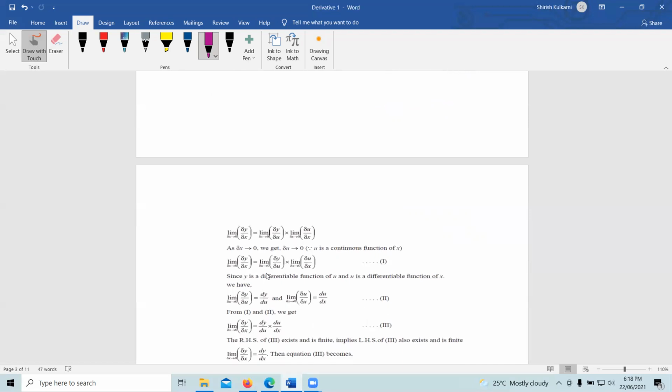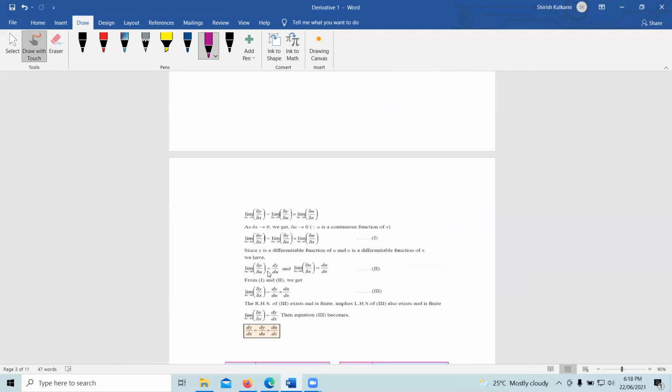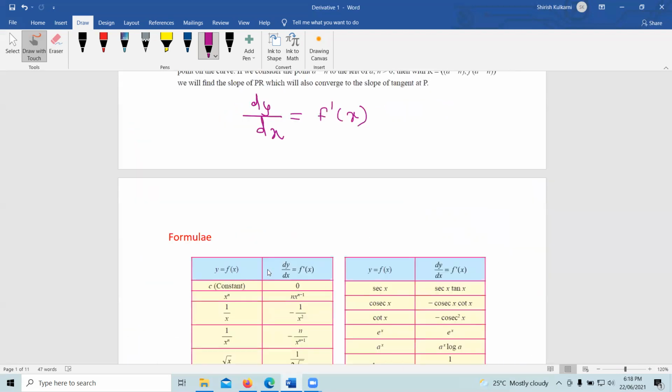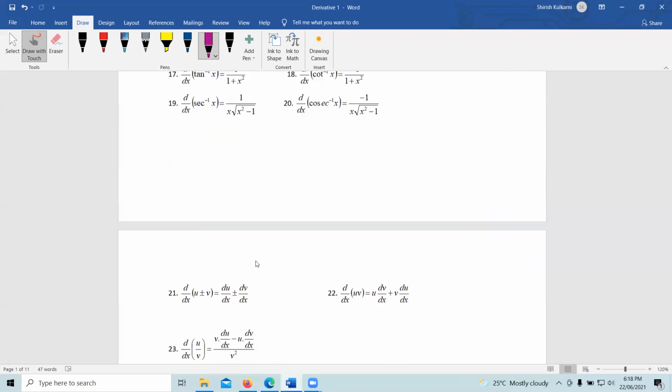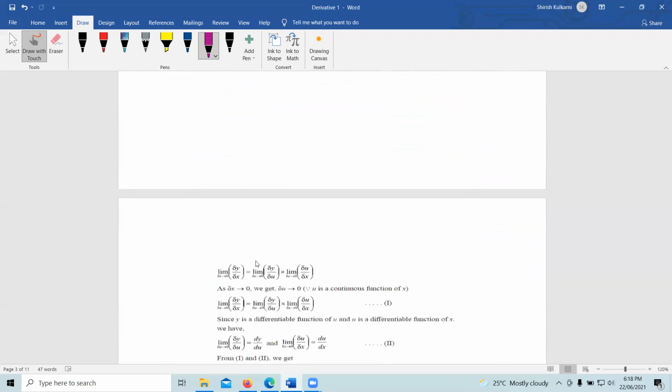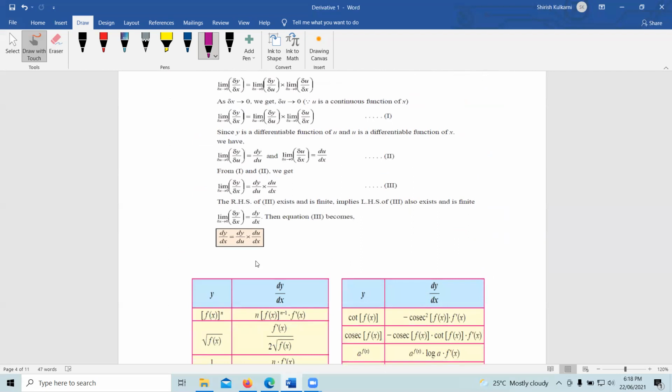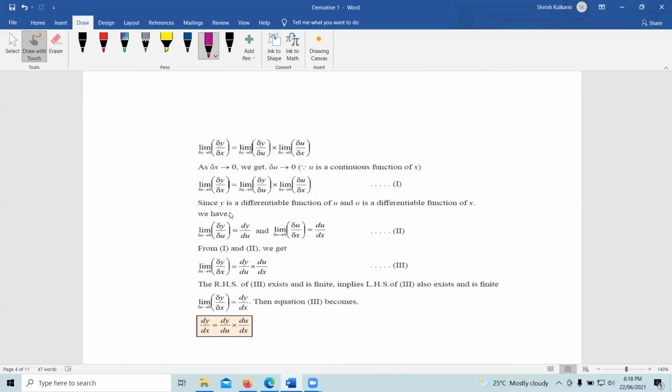Clear? हाँ, तो as del x tends to 0, del u tends to 0.